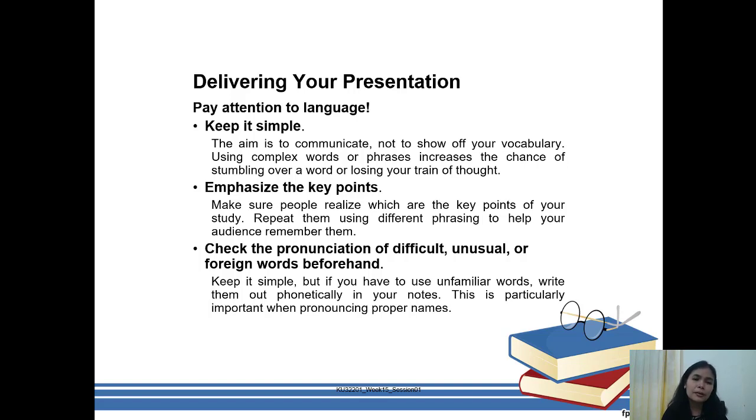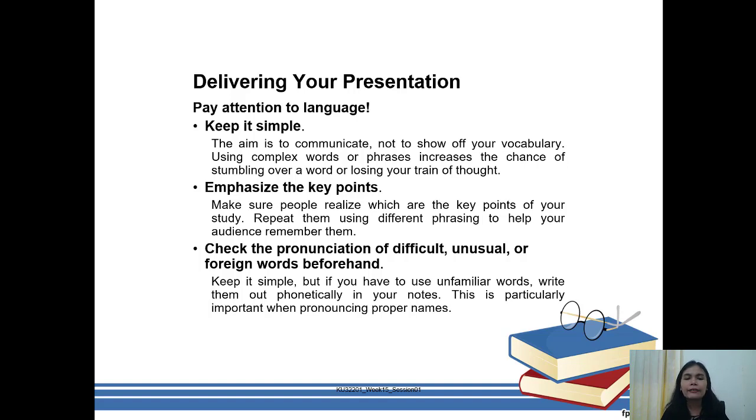Make sure that people realize what the key points of your study are, something like the ones mentioned in the conclusion part. So you bring up again the key points of what you have done in your research, and what the impact of it is, for example.